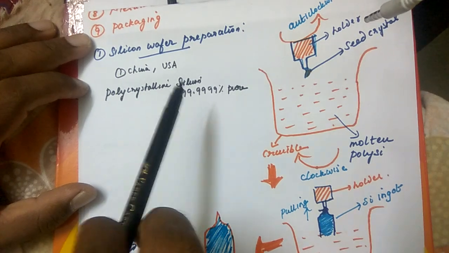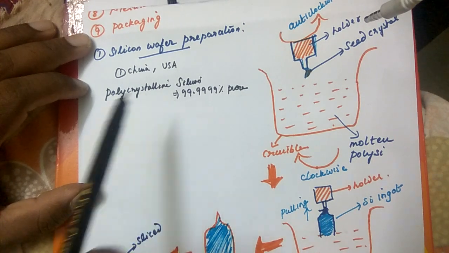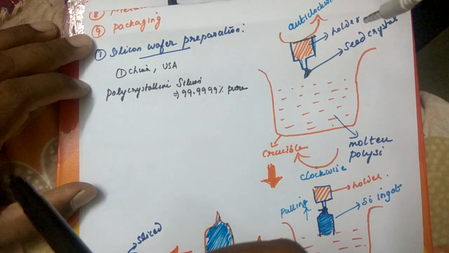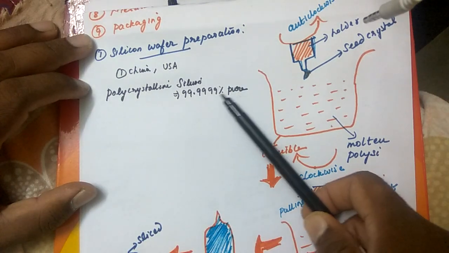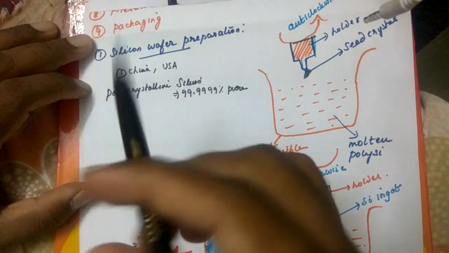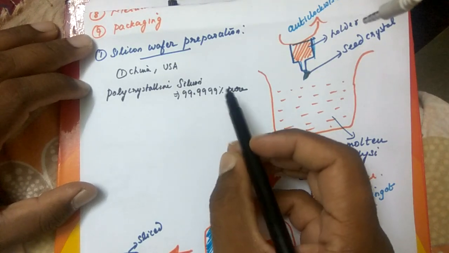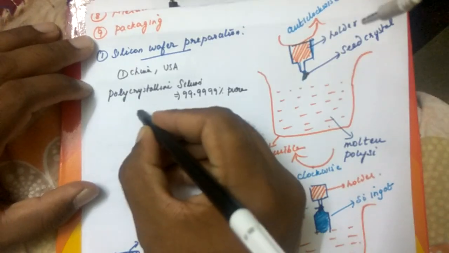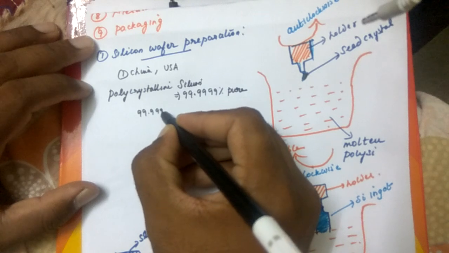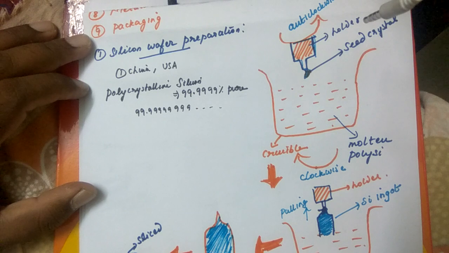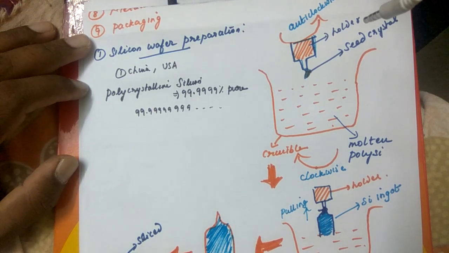This purity is controversial because companies used to claim that their polycrystalline silicon is more pure than the others by adding digits. Top companies claim that their silicon is very pure, so they keep adding the digits to claim that theirs is very pure.